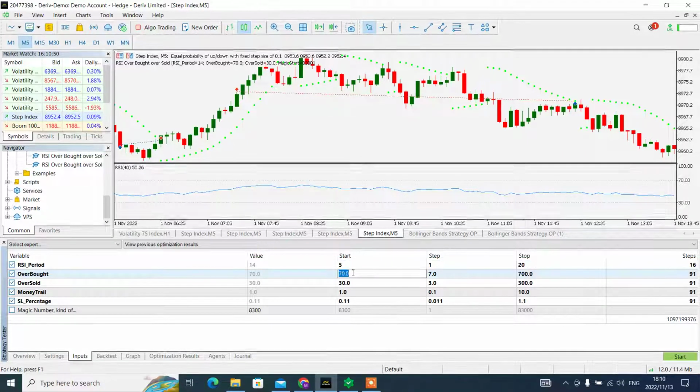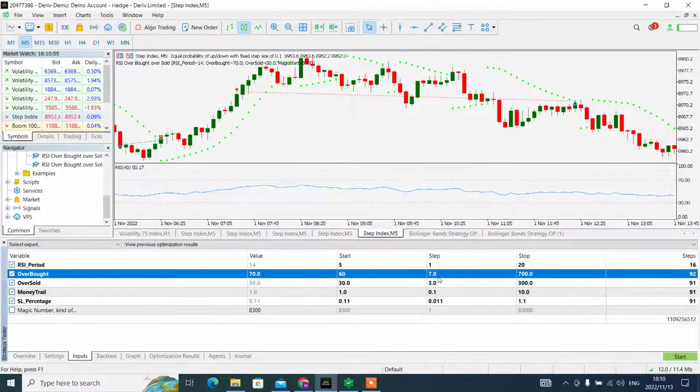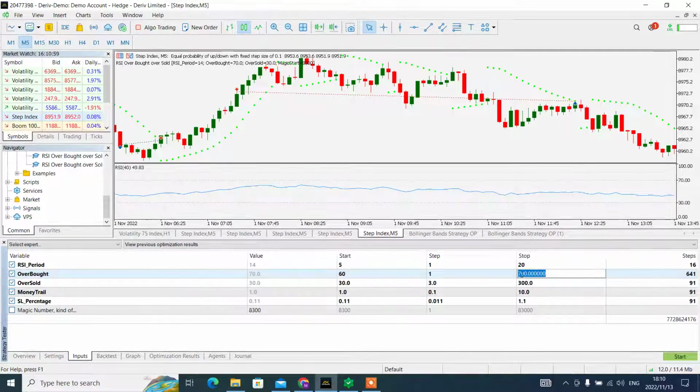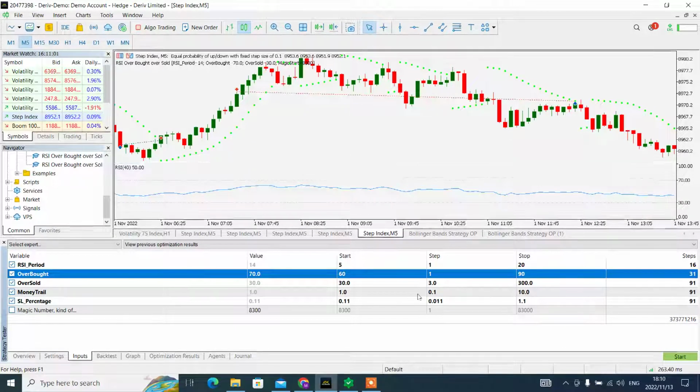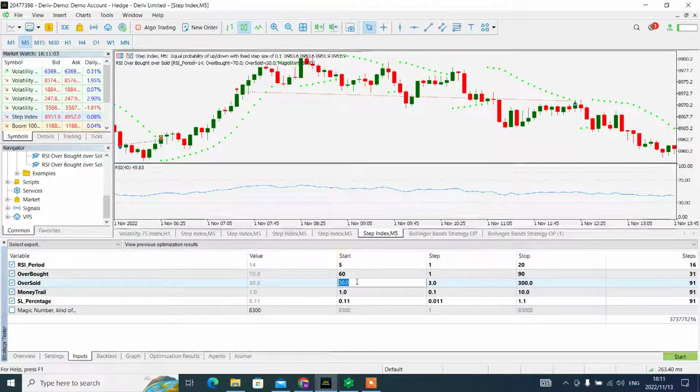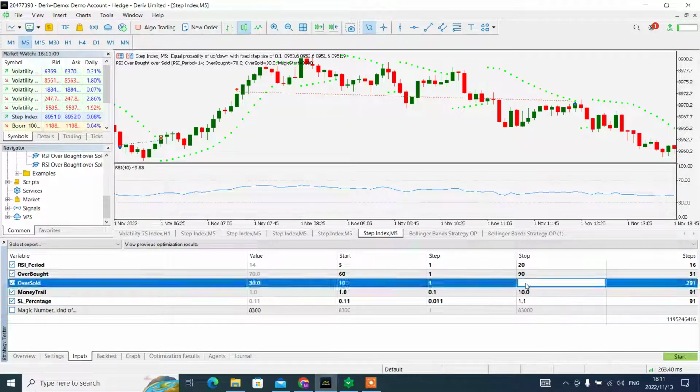On this side we're going to start from 60 and keep adding 1 until we hit 90. And on this side we're going to start around 10 until we hit around 40.